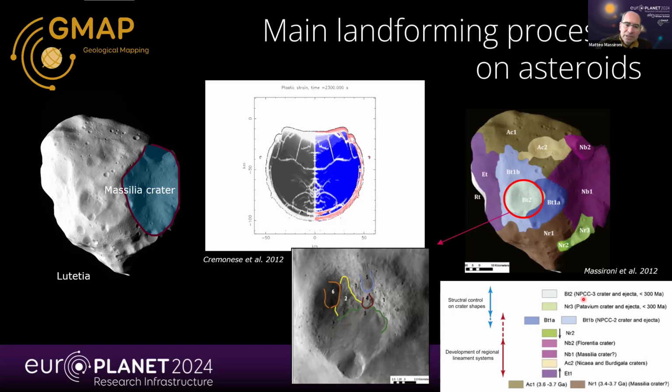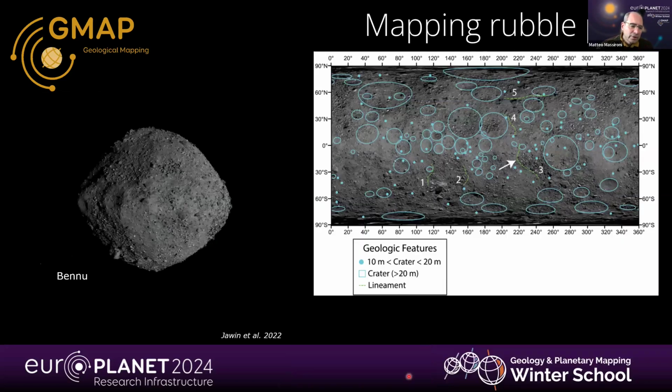Among the asteroids, this is a kind in which you see a rocky aspect, but we also have asteroids that are called, I would say, rubble piles.